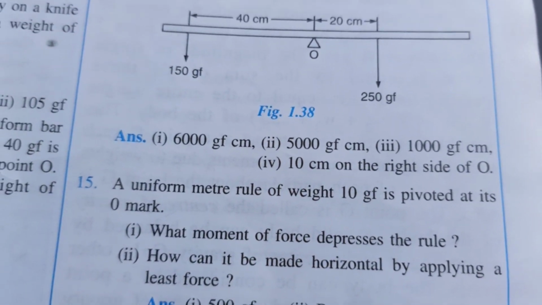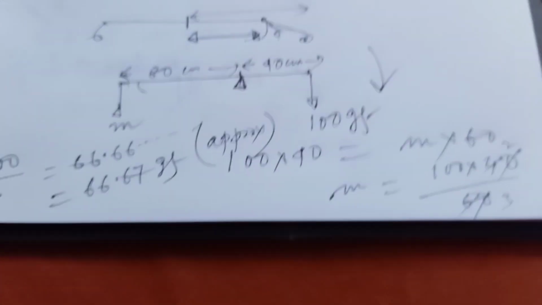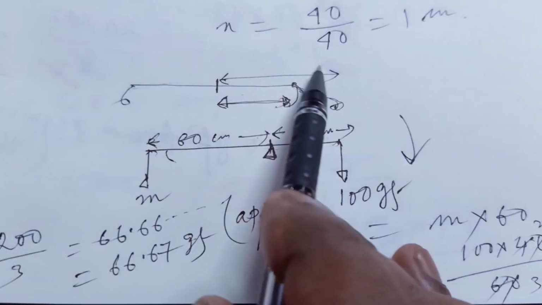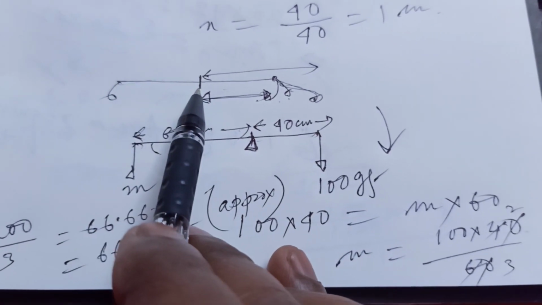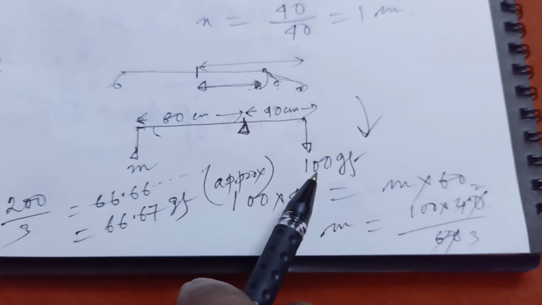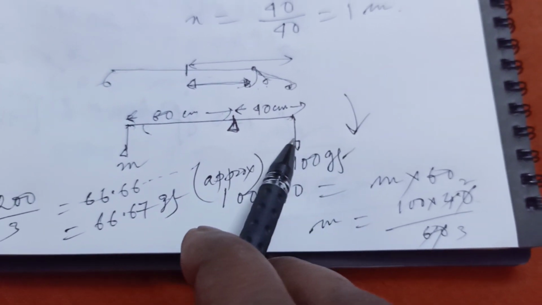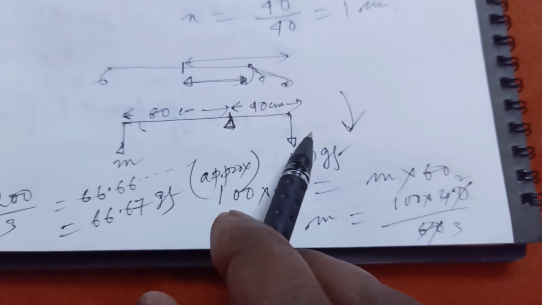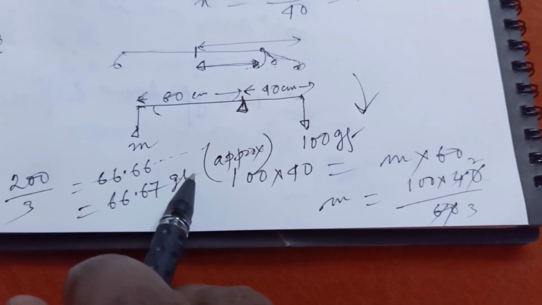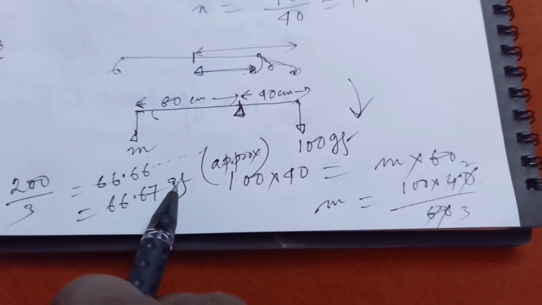So you can see that if a balance is used where the fulcrum is not at 50 centimeter, and you want to sell 100 gram force of paper, it weighs only about 66 gram force.